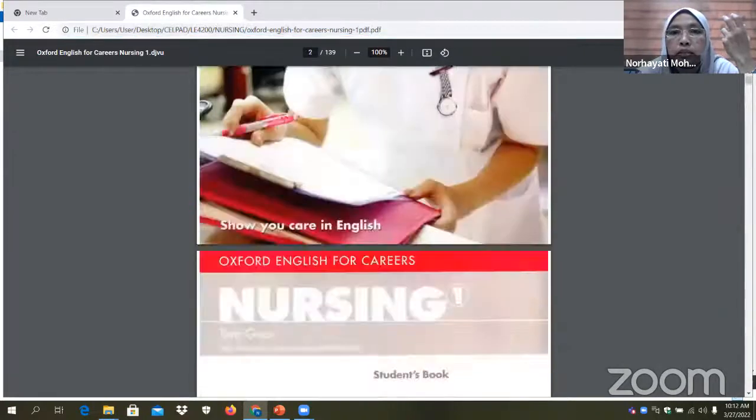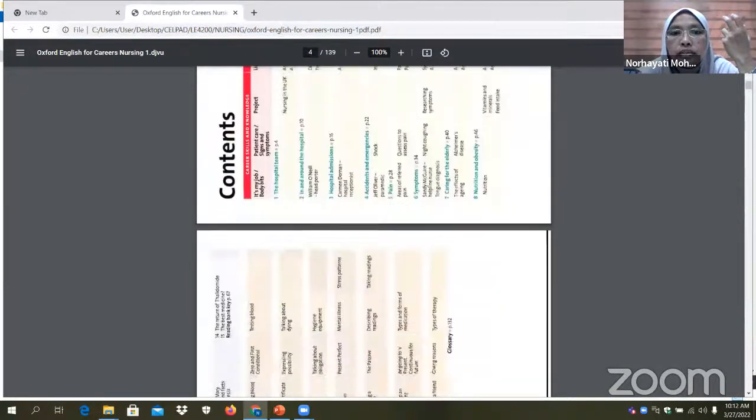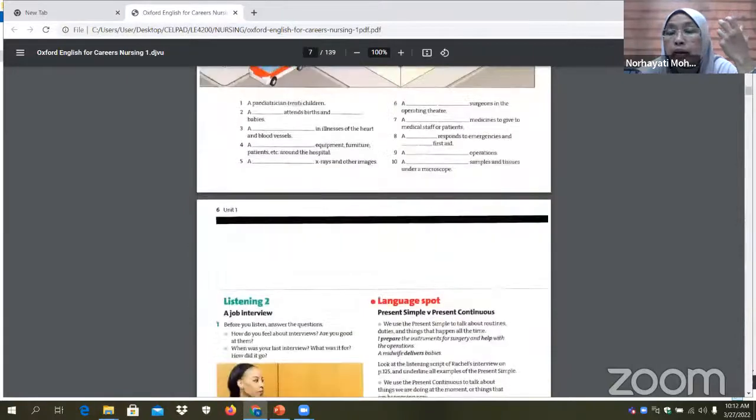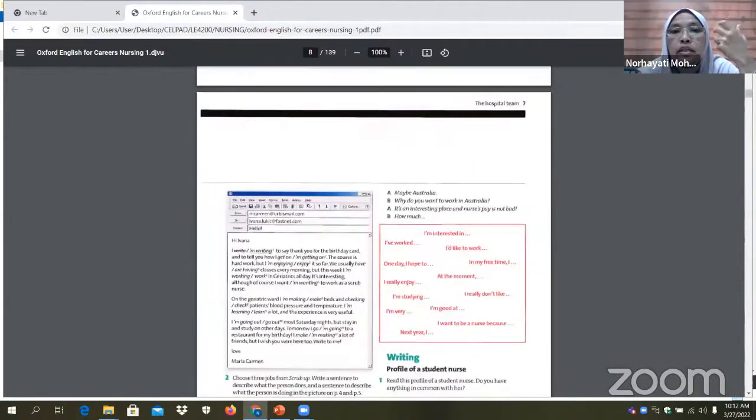So for example, this is one of the books that we have selected. By having these references, it gives us an idea of the situation that they will be involved in.